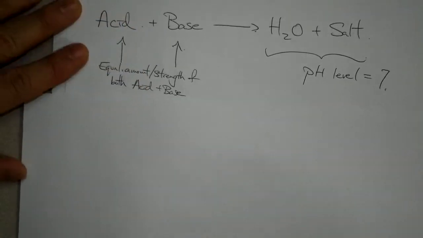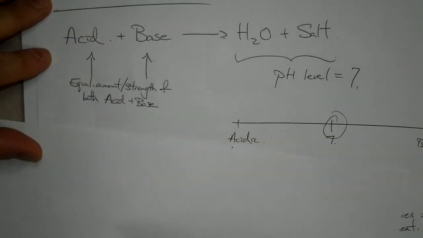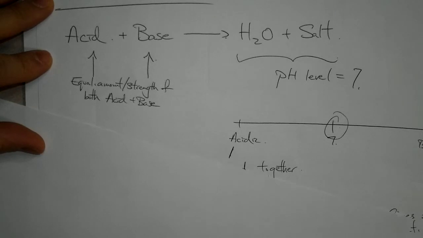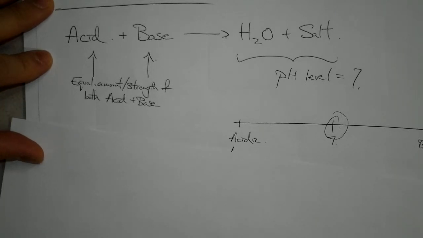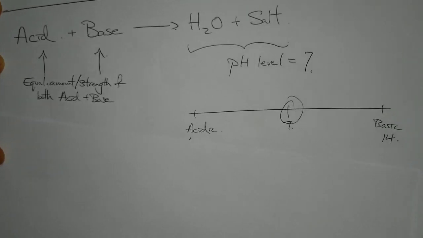You guys have learned that before. So an acidic pH is lower than 7 and basic pH is higher than 7. It depends on the textbook. Some textbooks go 12, some go 13, some go 14. I just say 14 for now. Okay?